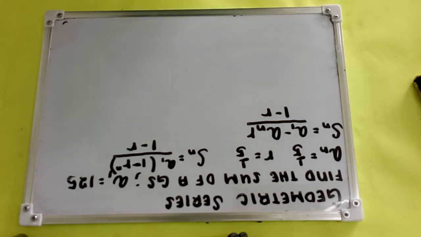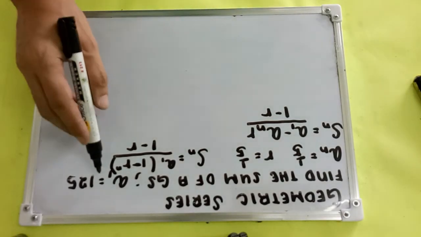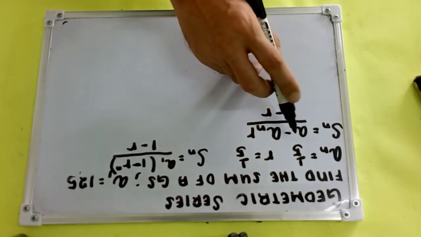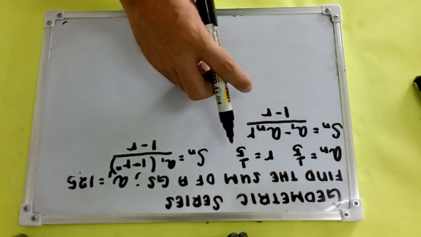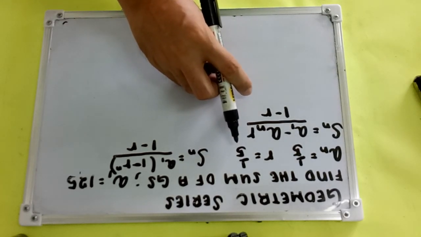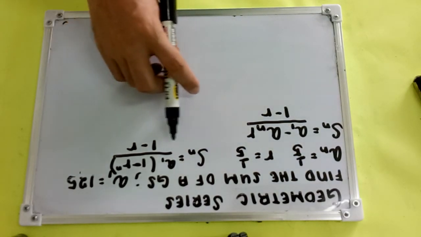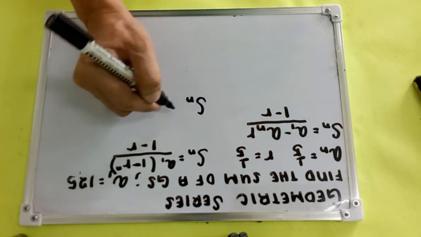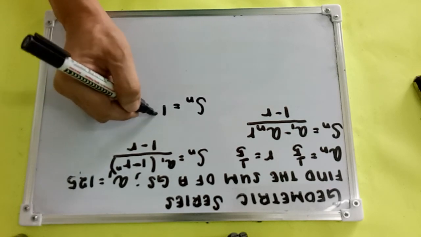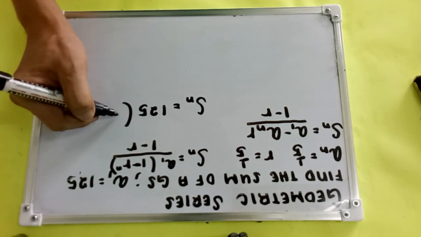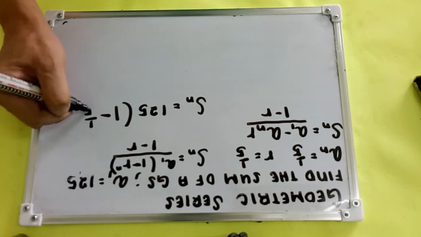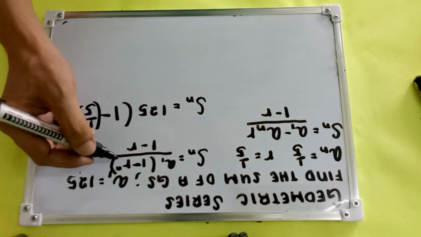So, kung ano yung gagamitin natin dyan, nakadepende sa given. So, dito sa given natin, we have a sub 1 na 125, a sub n na 1/5, and common ratio na 1/5. Kapag ginamit natin itong first formula, S sub n is equal to a sub 1, 125, multiply by 1 minus r, 1/5, raised to n.